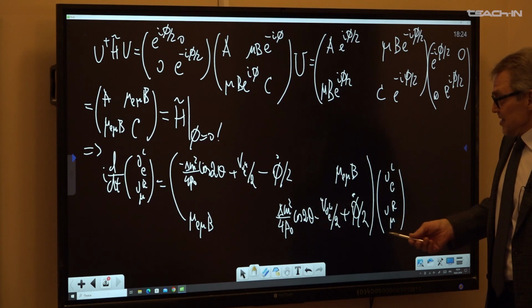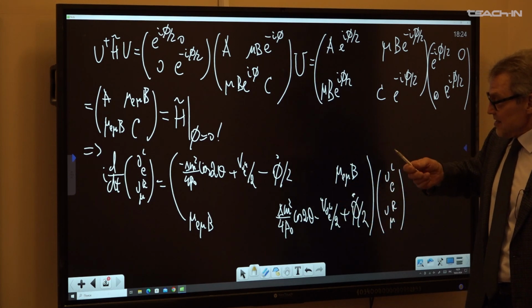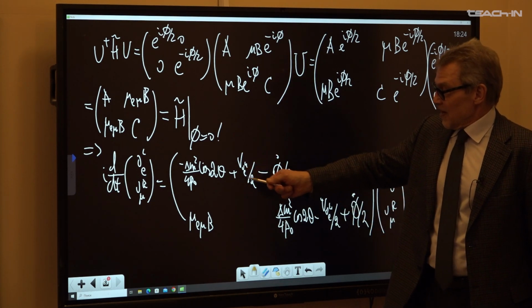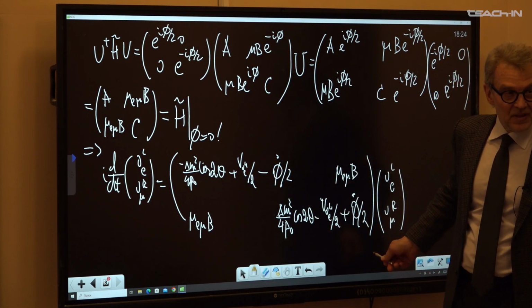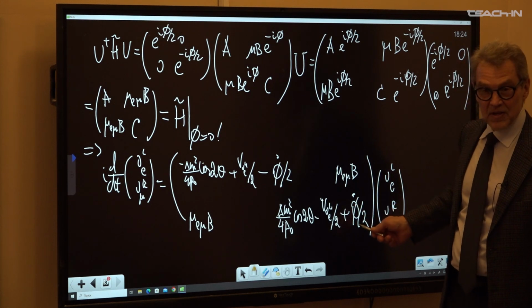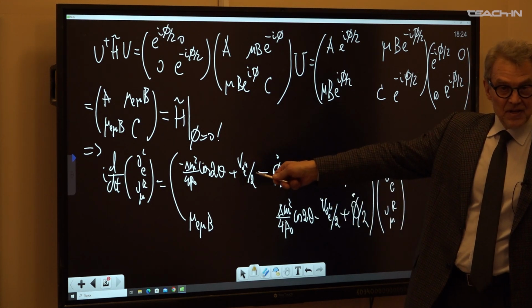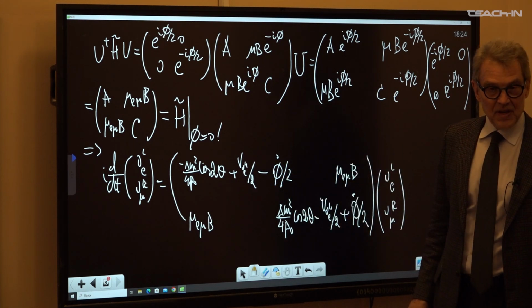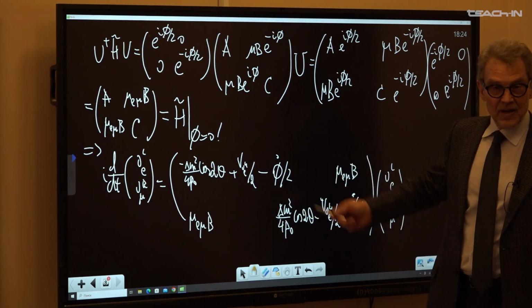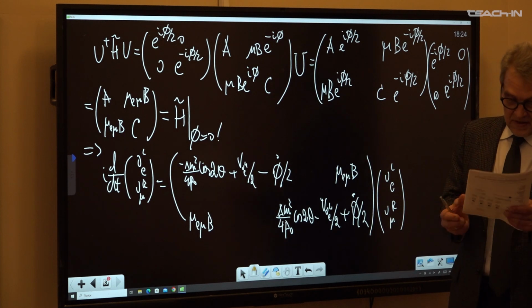I did this, and now we have half a potential here, and here is minus half a potential. Initially there was 0 here, but this was double, without 2 in the denominator. I made it to make it more symmetric. More symmetric, yeah?